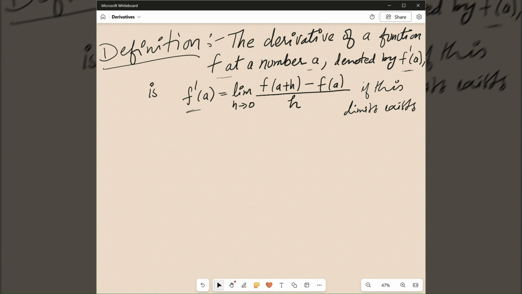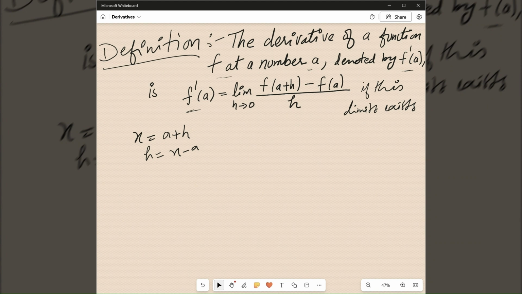There's another version you'll often see, and it sometimes makes it easier to solve derivative related problems. So if we write, for example, x is equal to a plus h, then from here you can already tell h is equal to x minus a.